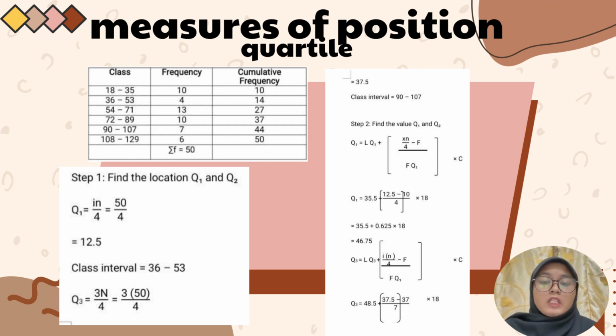Q3 equal 48.5 plus open bracket 37.5 minus 37 divided by 7 close bracket multiply 18. Q3 equal 48.5 plus 0.071 multiply 18 equal 49.778.